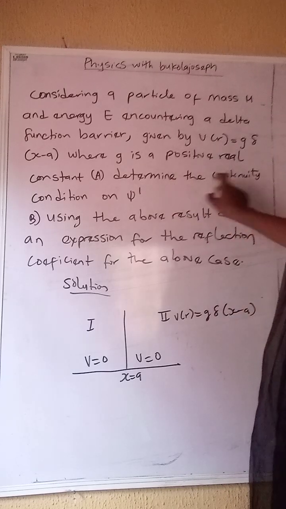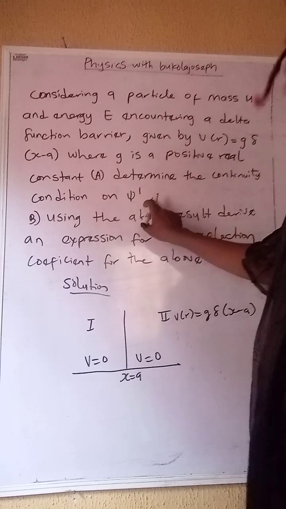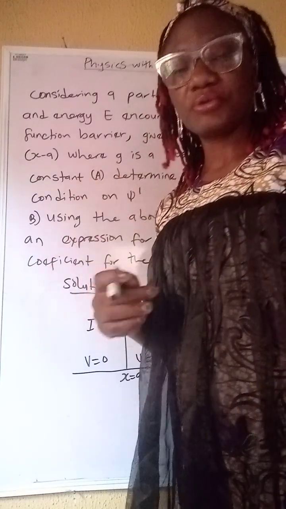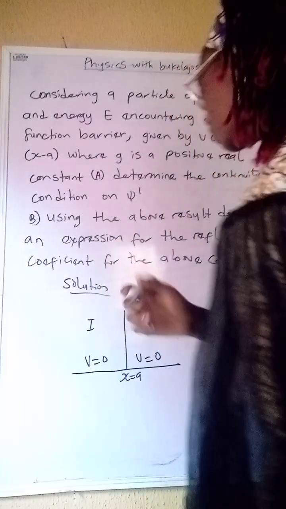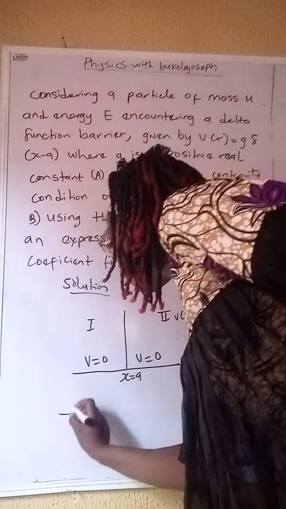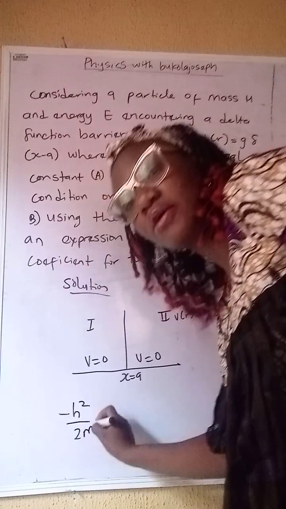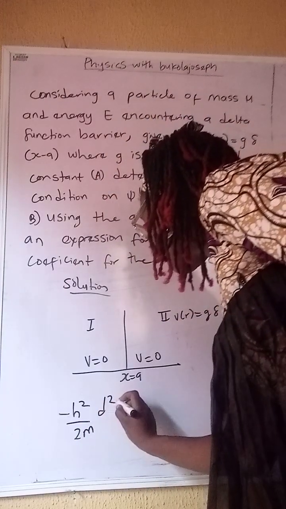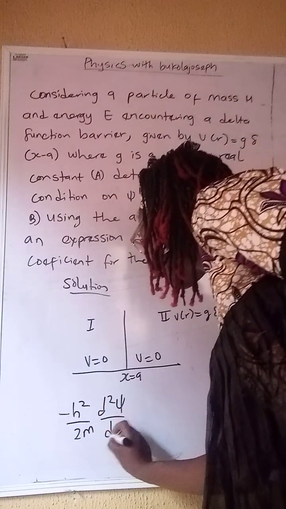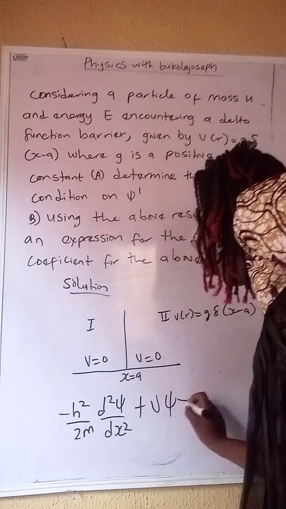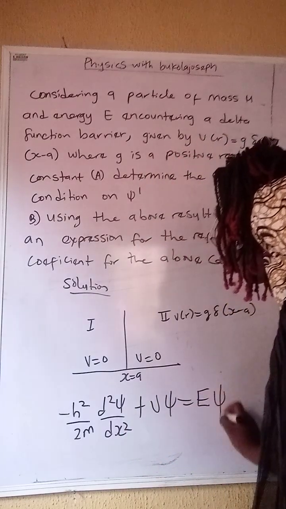So to determine the continuity condition on psi prime, we are going to be using the Schrödinger equation. I hope you still remember the formula. Okay, so we have minus h cross squared over 2m, d squared psi dx squared plus V psi is equal to E psi.